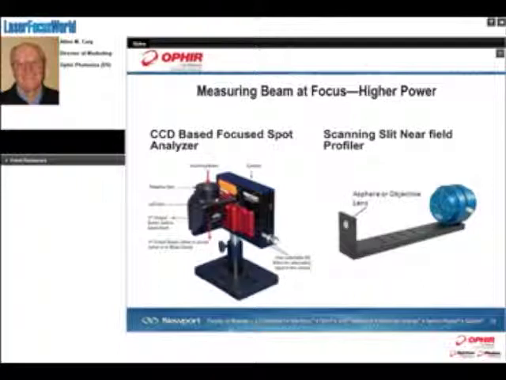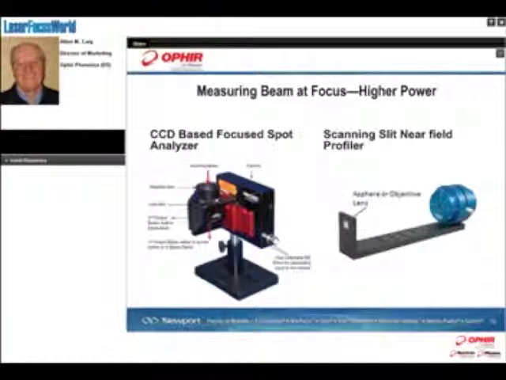So for instance, say we have a 10 micron beam that we need to measure. It's at 2 watts. We find that, whoa, that's high enough that it's going to damage this profiler. So what we can do is actually image this with a 10x lens that blows this up to 200 microns when we measure it, and so we don't have the power density that's going to damage anything.